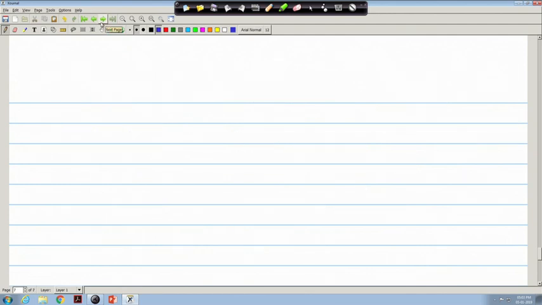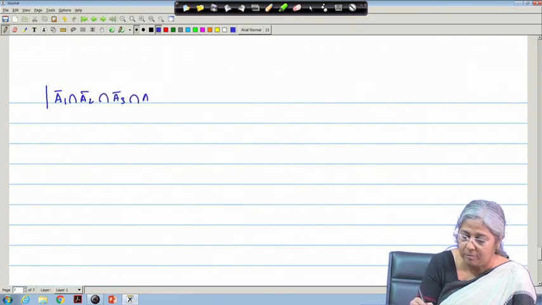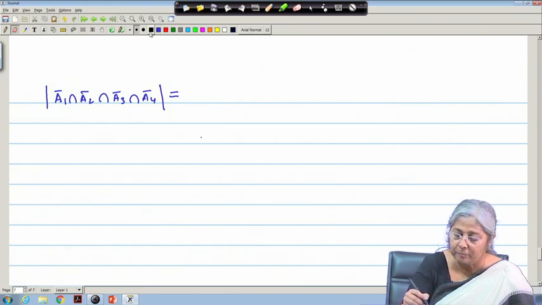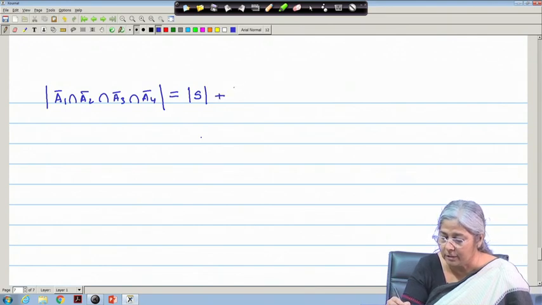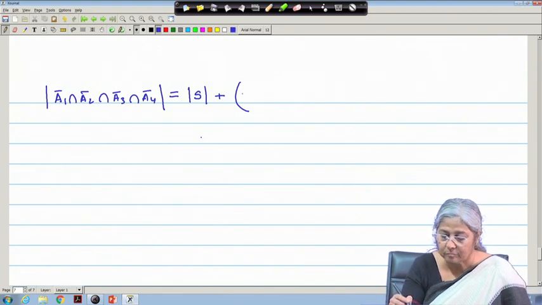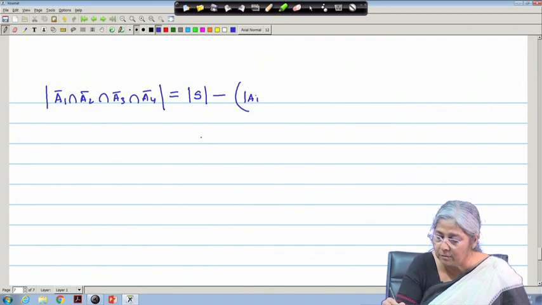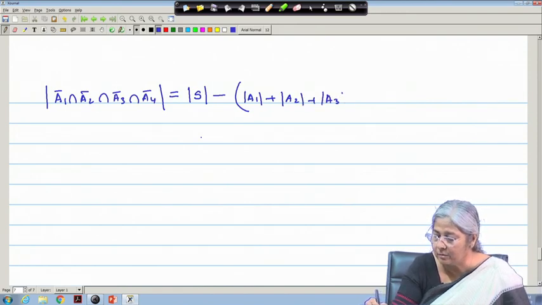And if we continue this way, I can write A1 complement, A2 complement, A3 complement, A4 complement, that means which have neither property P1, P2, P3, P4, and I can write the cardinality of S, that means the total number of objects, minus A1, A2, A3, A4.